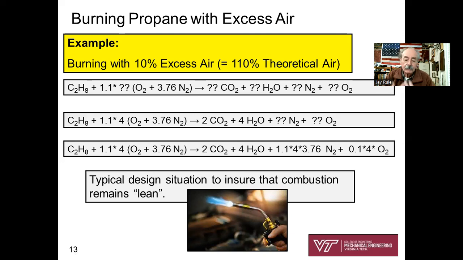And so a typical design of what we have here for our propane tip burning is, let's say, around 10% excess air. And that's called a lean situation. So lean means you have more air than stoichiometric, more air than theoretical.